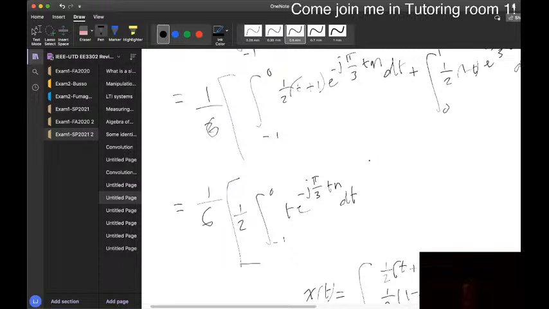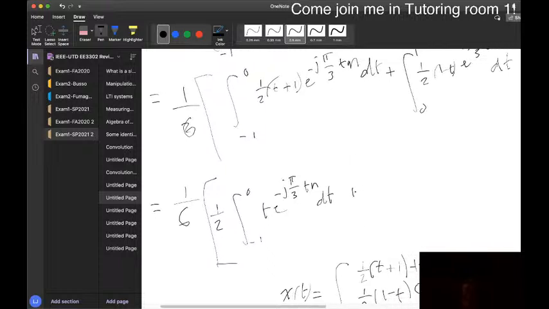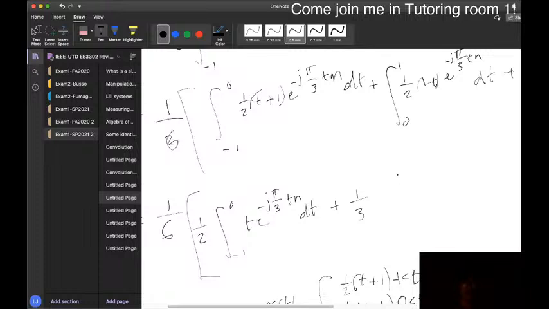1/2 plus, so 1 over 3 over pi times n, negative of e to the 0.